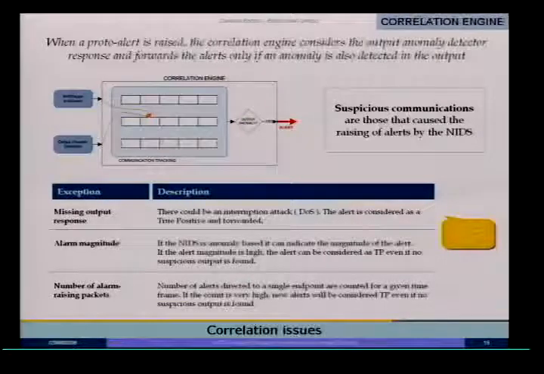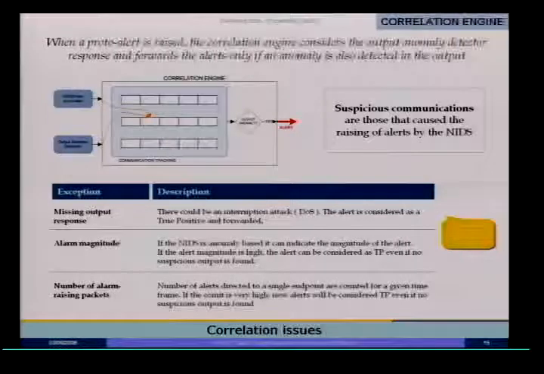So we're talking about TCP connections and TCP streams. The TCP connection is marked by the correlation engine, and from that moment it waits for the output anomaly detector's response. Then, as I said before, if the threshold has been exceeded, the alert will be forwarded by the correlation engine to the IT personnel.